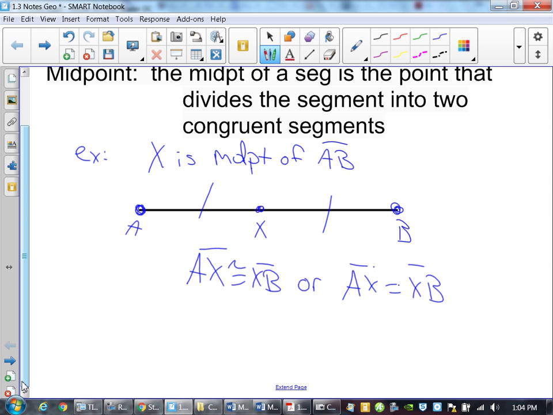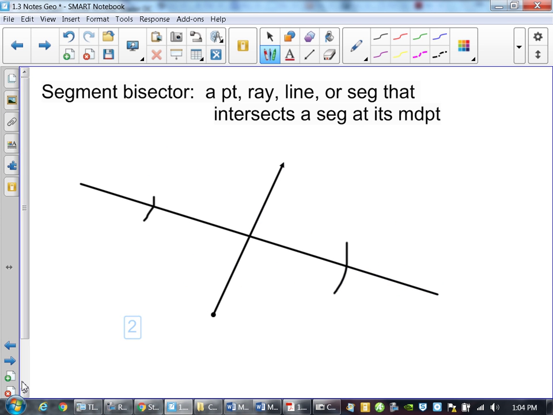Another thing that we talk about besides midpoint is something called a segment bisector. A segment bisector is the same thing as a midpoint, but it's anything else besides a point. A ray cuts something in half. A line cuts a segment in half. Another segment cuts a segment in half. That's all it means. It doesn't necessarily always have to be a point.